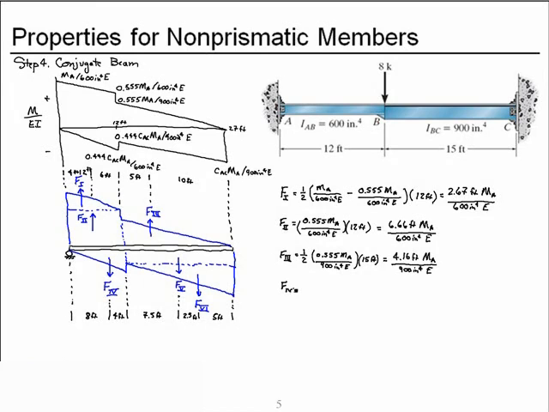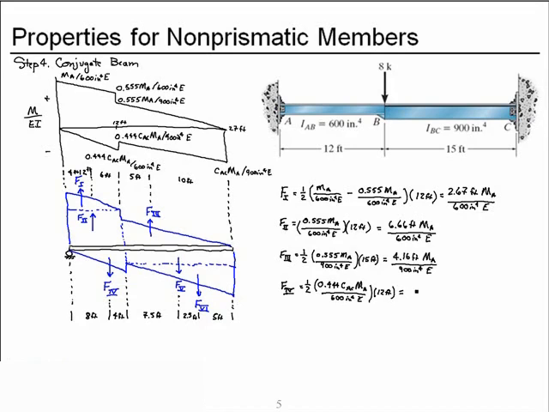Force 4. This triangular one. We have 1/2. The height is 0.444 times the carryover factor times the moment at end A, and that's divided by the 600 inches to the fourth E, and it is a 12-foot wide triangular distributed M over EI load.